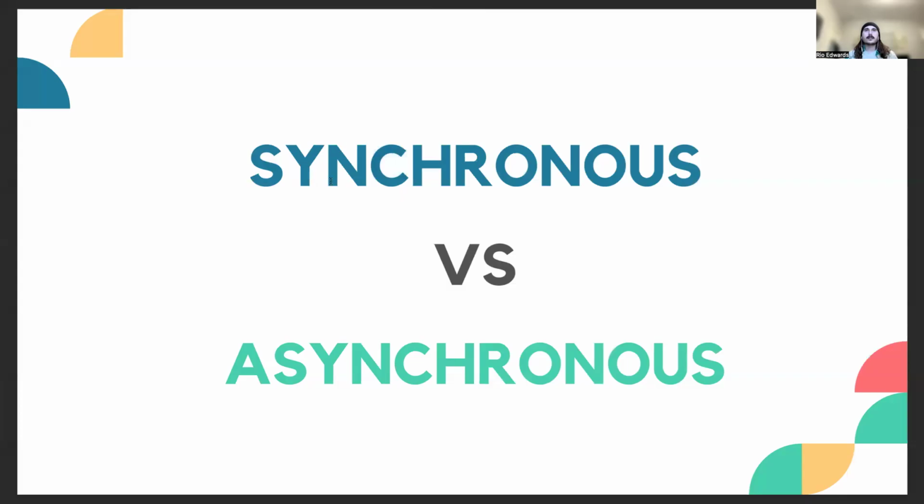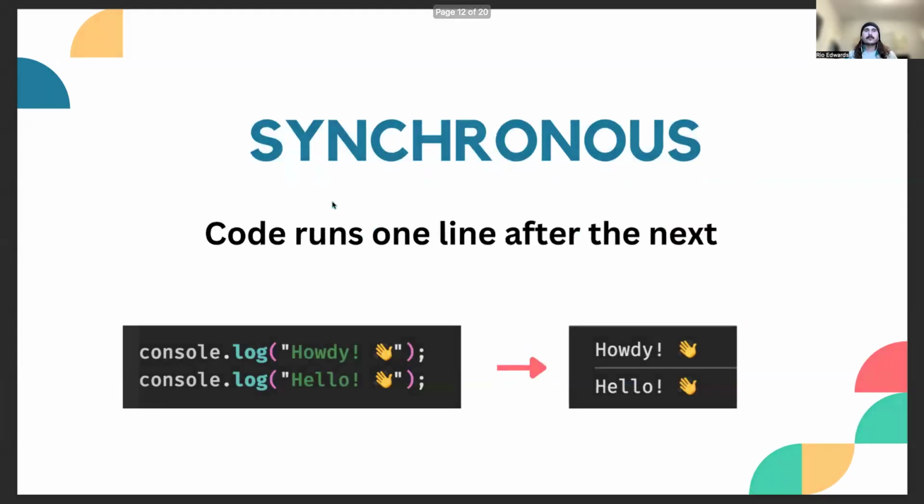Okay, the last, or maybe not the last thing, but next is synchronous and asynchronous code. So far, all we've been doing is synchronous code. Synchronous means at the same time.